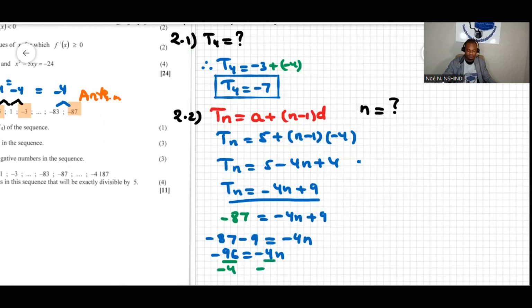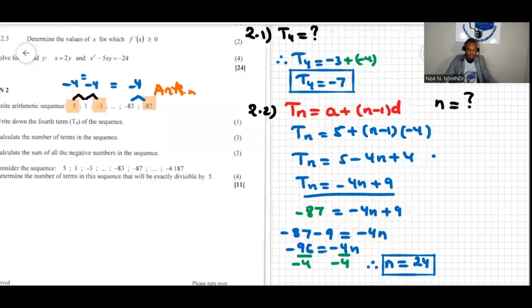Therefore n will be equal to 96 divided by 4, which is just 24. So n equals 24. Therefore, the number of terms is 24.